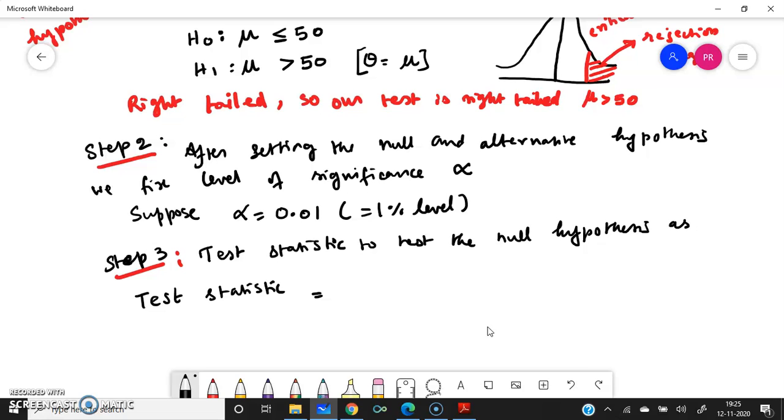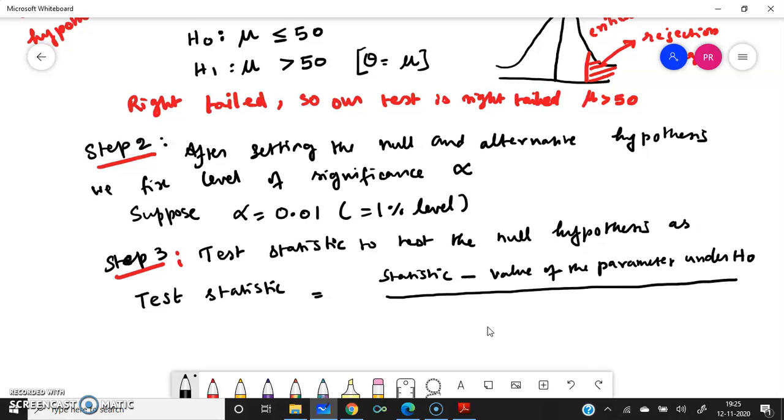The sample statistic is nothing but the sample mean minus the value of the parameter under H naught, divided by the standard error of the statistic. Under H naught we have assumed what mu is, and that is the value of the parameter under H naught.